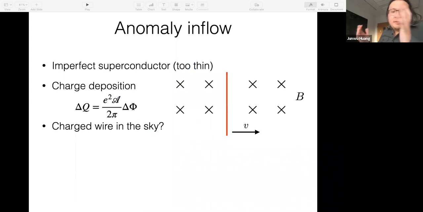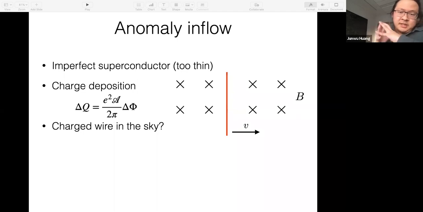So what do we learn from this? Of course, I was giving you this concept of anomaly inflow in terms of very simple axion charges, but you can compute it more rigorously in many other ways, which I won't have time to cover. But the effect that I have been mentioning is telling you a few things.